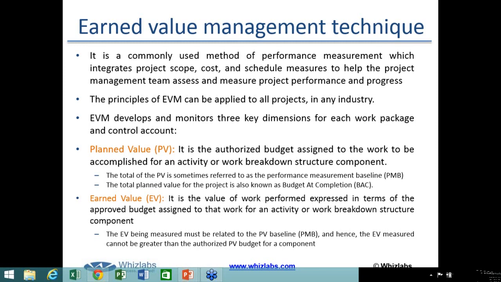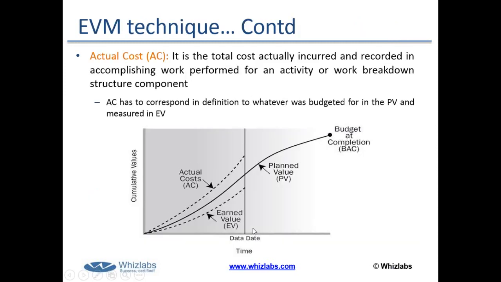Planned is what you originally planned, and earned is the amount of work which you actually performed in that particular month. Both plan value and earned value are measured in dollars or in rupees or in euros. Okay, so these are the two things, and the third one is called actual cost.